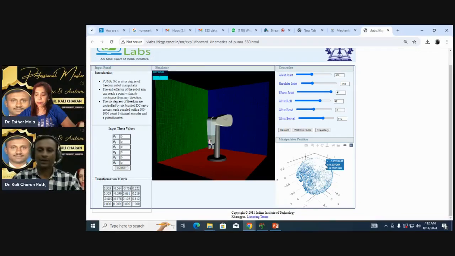For the movement or kinematic study, we have to study robot kinematics. Robot kinematics is studied under two circumstances. One is robot forward kinematics. That means we go from the base to the end effector to find out the end effector location.